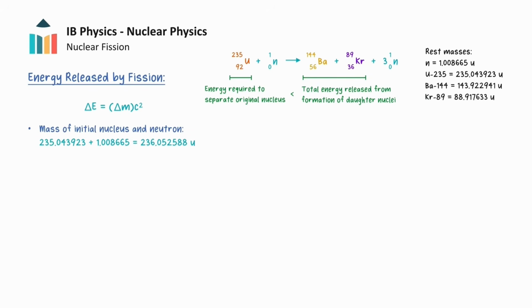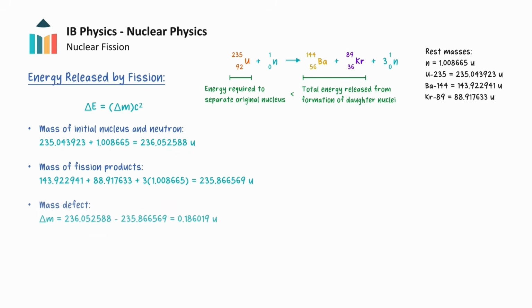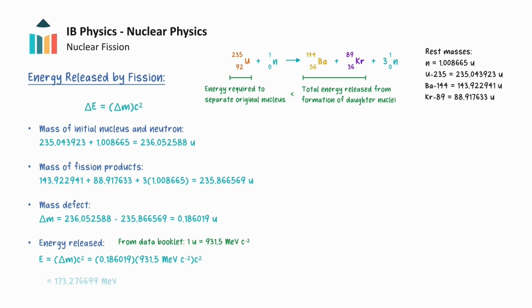Similarly, given the rest masses of barium-144 and krypton-89, the mass of fission products and free neutrons can also be determined. This then gives a mass defect of 0.186 atomic mass units, or u. From the data booklet, 1 u of mass is equivalent to 931.5 MeV of energy. So using the mass-energy equivalence, we find that 173 MeV of energy is released from one fission reaction of uranium-235.